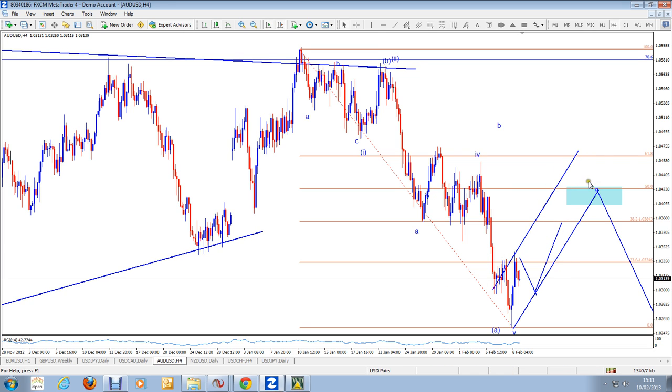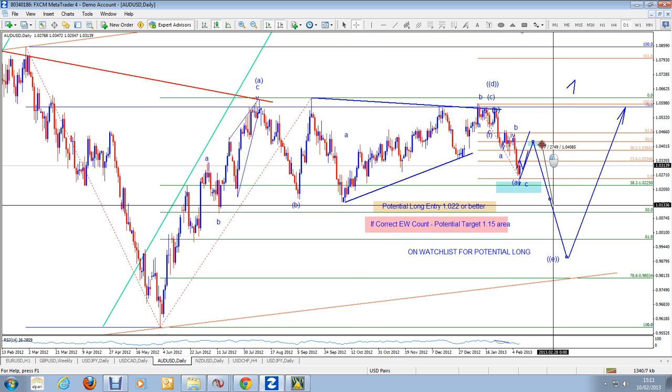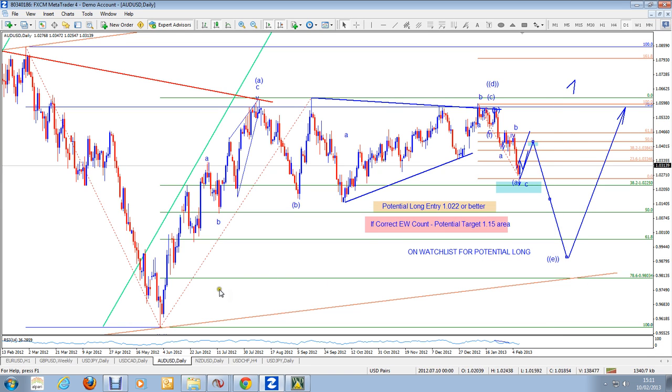So on confirmation of that topping out, we could consider shorting if you needed to, and then that would be like an intermediate term swing trade, not a very big one, because from there we're looking for minimum retest of these lows here, or possibly a little bit lower low. So about 200-300 pip, and if it comes all the way down here, then we're talking about 400 or 500 pip from there. Okay, so it will be almost like equivalent to this one in reverse coming down.